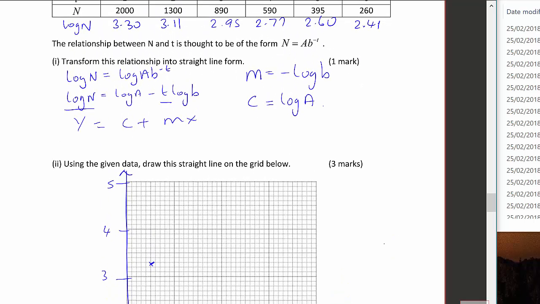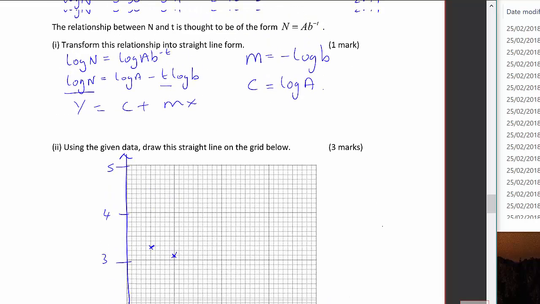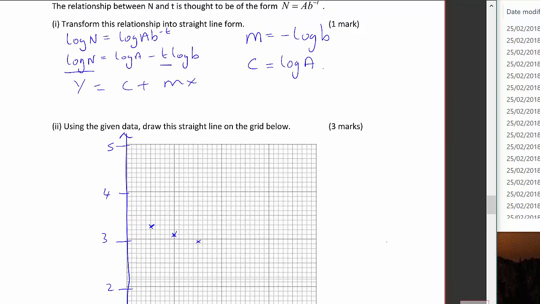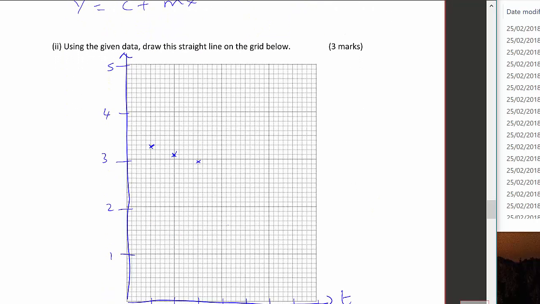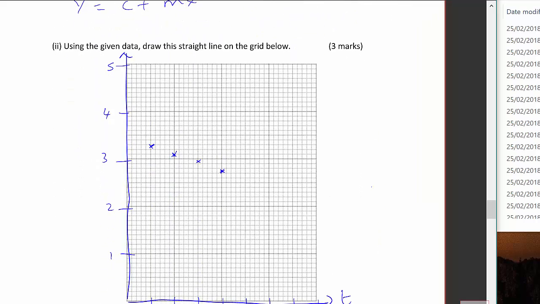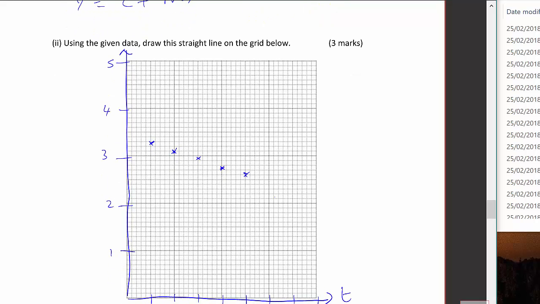And then we've got 2, 3.11. I'll put there. I've got 3, 2.95, just about there. 4, 2.77, just about there. 5, 2.6, and 6, 2.4.